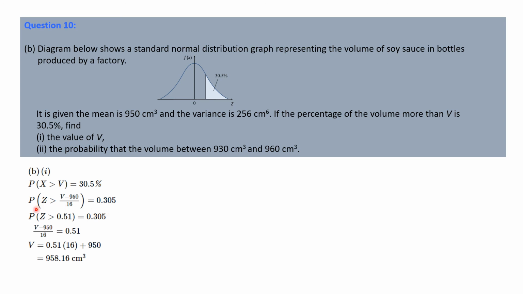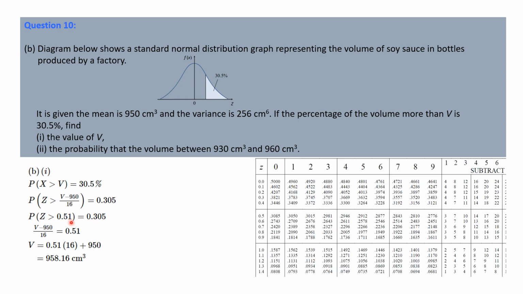So after we standardize it, we will have probability for z greater than (V minus 950) over 16. Because the variance is 256, when you square root the 256, you will have the standard deviation of 16. So we will have probability for z greater than 0.51 is equal to 0.305. We get this value from the normal distribution table.